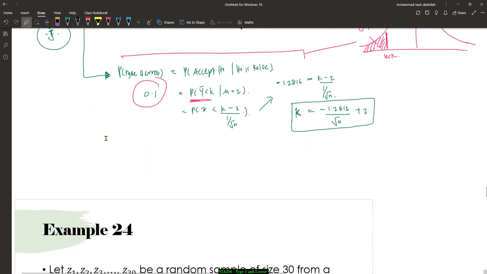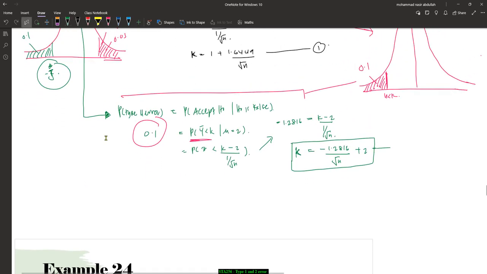Okay, so now we have two formulas here, formula 1 and formula number 2. Can you see? So we try to solve 1 into 2.